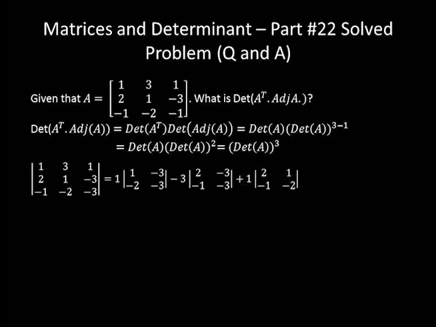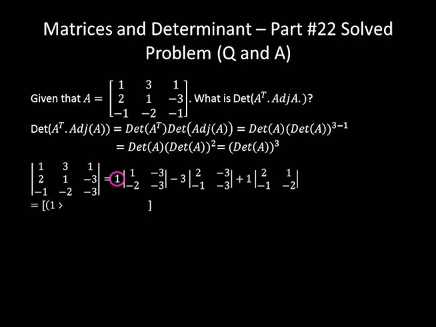To determine the determinant of a 2 by 2 matrix, we multiply the main diagonal elements, and from that product, we subtract the product of the remaining 2 elements. 1 times the determinant is the determinant itself.